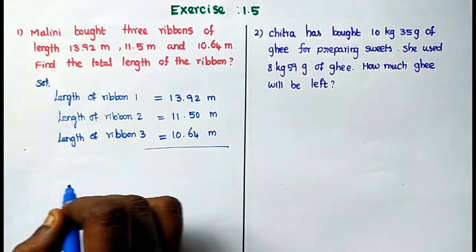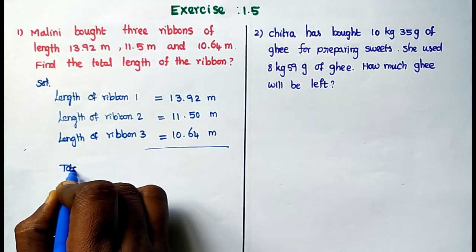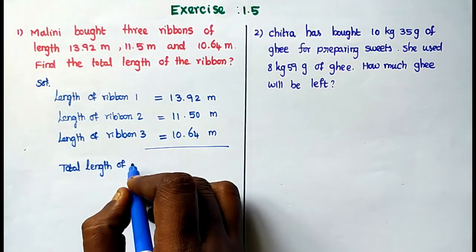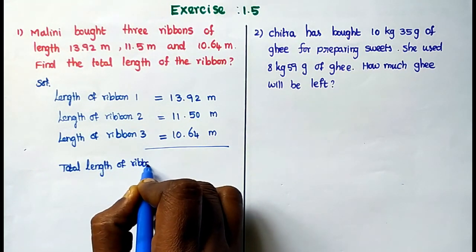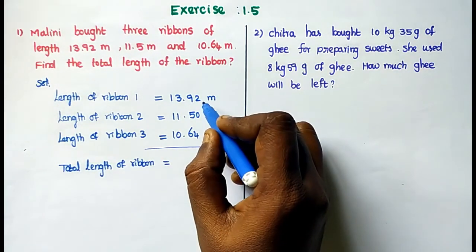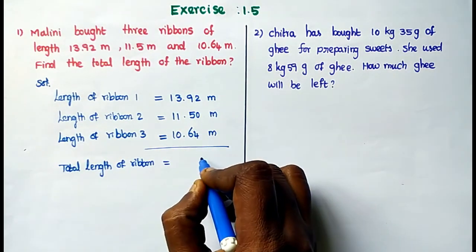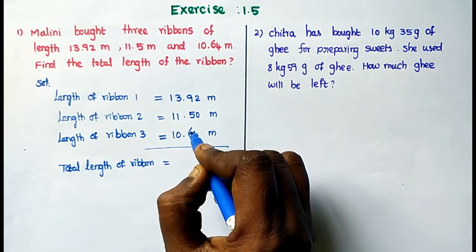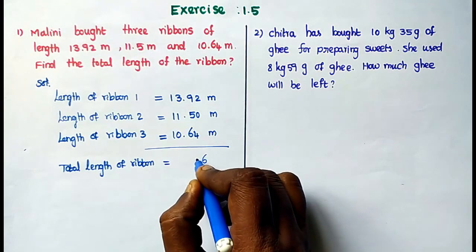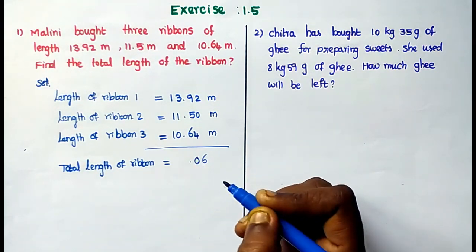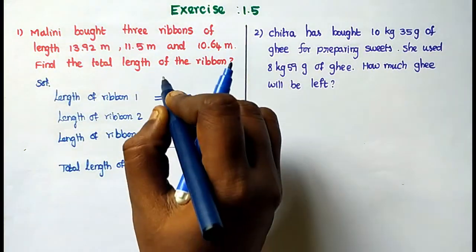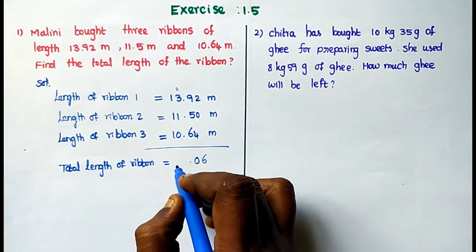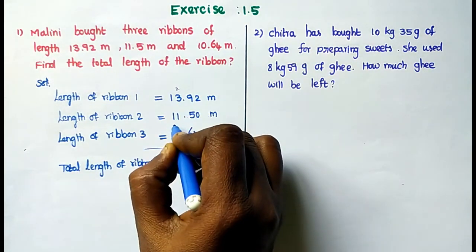So total length. Total length of the ribbon equal to 2 plus 4 is 6, 9 plus 5 is 14, 14 plus 6 is 20, 0, carry over 2, 2 plus 3 is 5, 5 plus 1 is 6 and here 3.